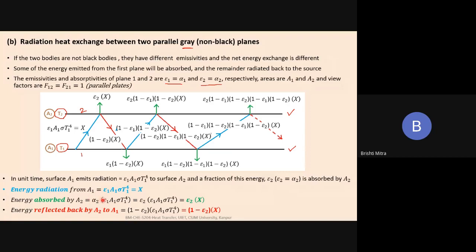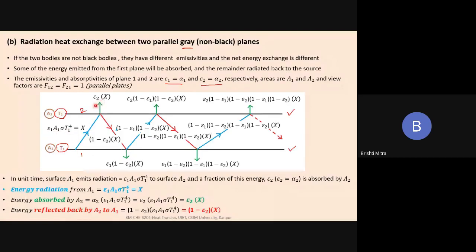Now, according to Kirchhoff's law, alpha 2 is the same as epsilon 2. That means the absorptivity is the same as the emissivity. So instead of alpha 2, I'm writing epsilon 2. So this is epsilon 2 into epsilon 1 A1 sigma T1 to the power 4, or in green, I have written it as epsilon 2 into X. And X is epsilon 1 A1 sigma T1 to the power 4.